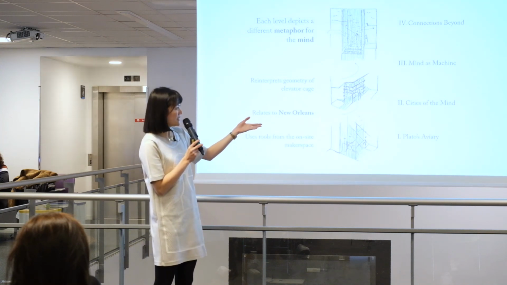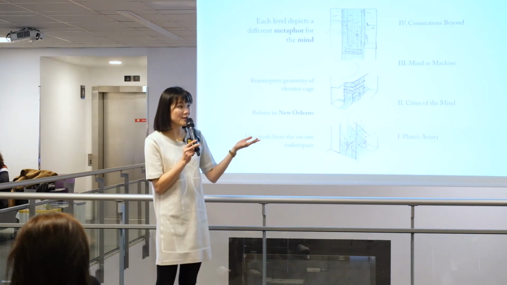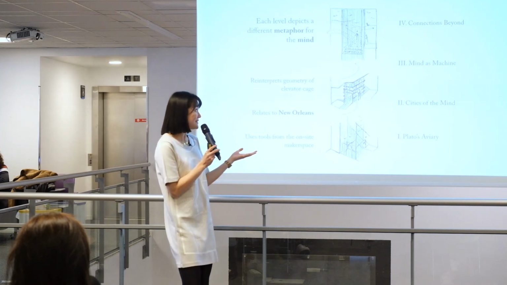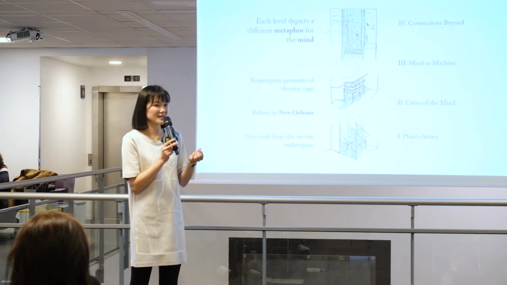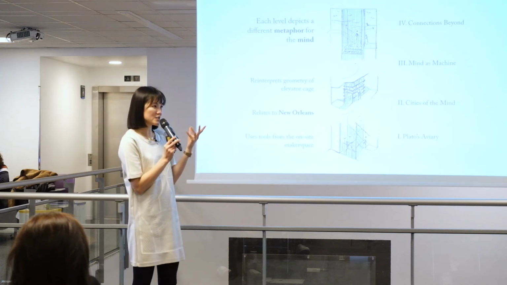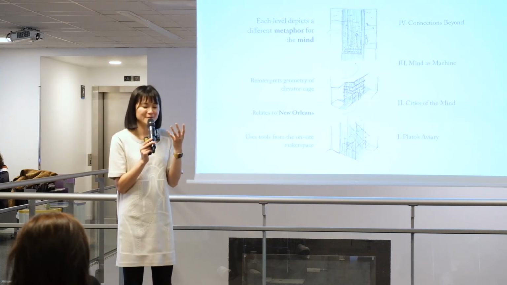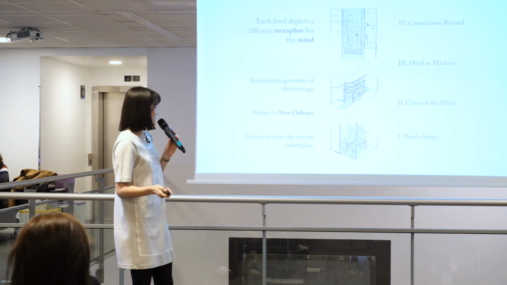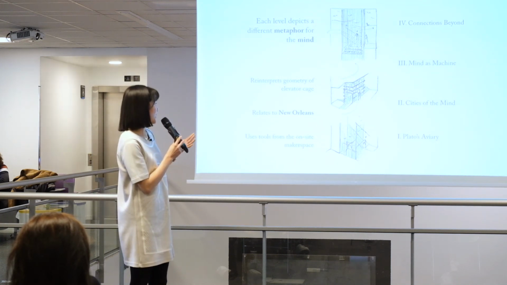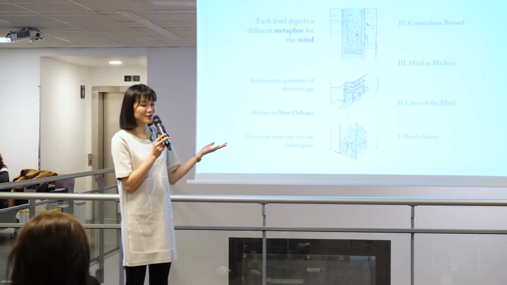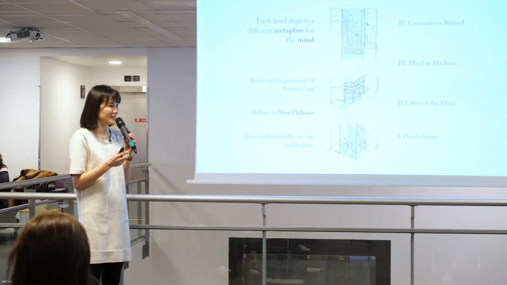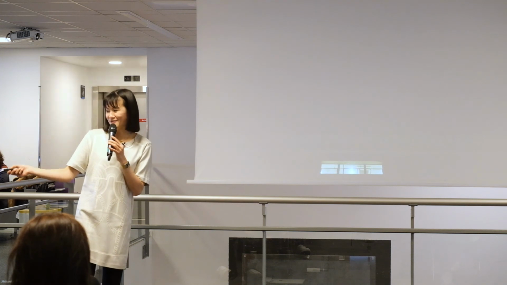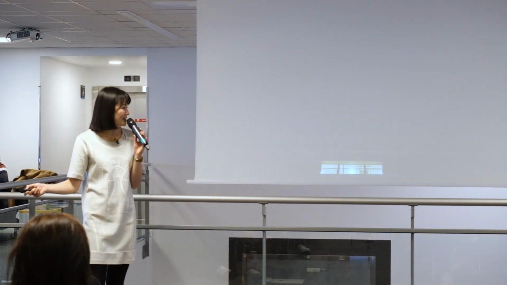The second level is a library, or invisible cities of the mind. The third level is the mind as a machine, and the fourth is a connectionist version of thinking about neurons and neural networks. Each level also relates to the iconography of New Orleans and uses tools from the makerspace to build. I'll just show you a video of what it looks like.